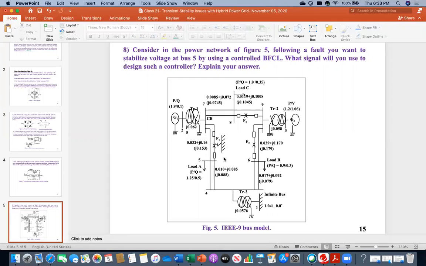Yes, that is of course one answer. But because in this case it is specifically a voltage stability issue, it would be better if you use the total voltage. Yeah, but TKED can also help. Your answer is okay, your answer is right here.